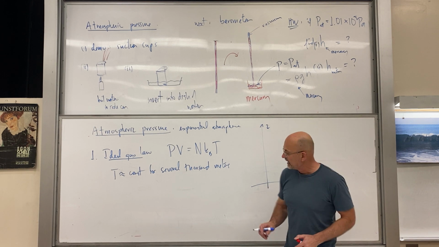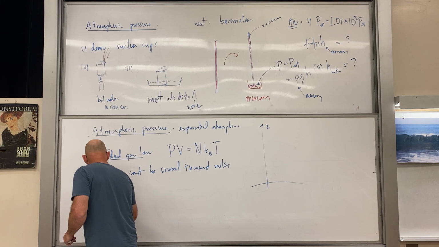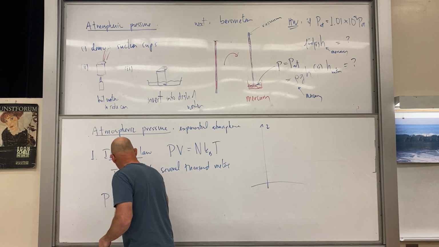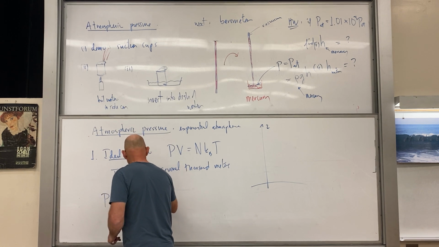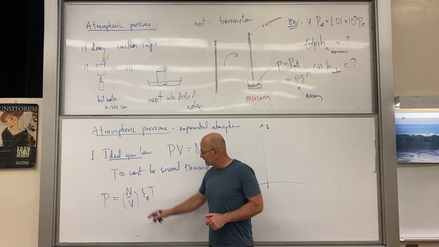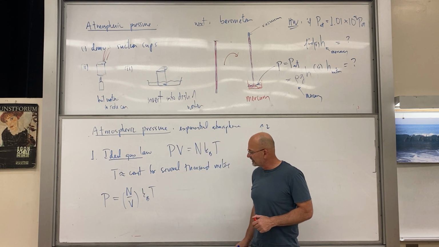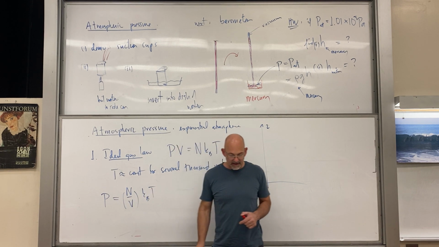Good, so we'll do that assumption, and now since we need a pressure formula, P equals N over volume, k Boltzmann temperature, and there's a number density, and then a mass density will also be of the same proportionality.